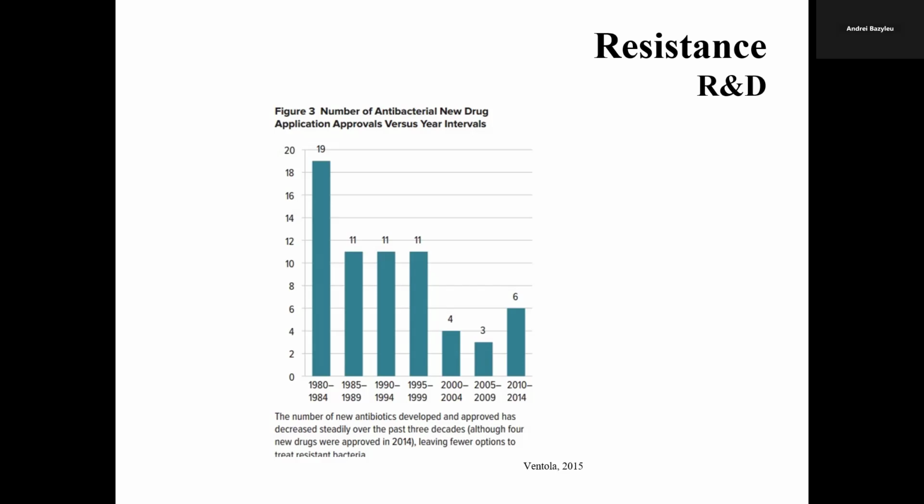An antibiotic has to have very specific properties. It has to be effective, right? It has to kill bacteria or inhibit bacteria at sufficient levels. It also has to be safe for us. It's one of the primary considerations.